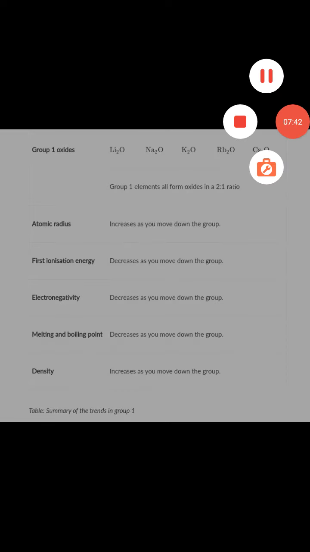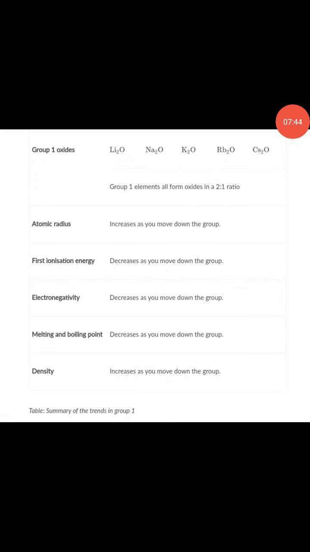It said atomic radius increases as you move down the group, and I've explained that before. I said it increases as you move down the group because the number of shells of the corresponding elements down the group also increases. First, ionization energy decreases as you move down the group.